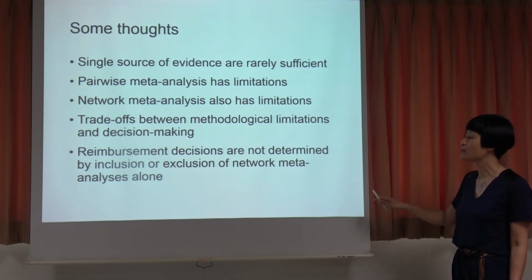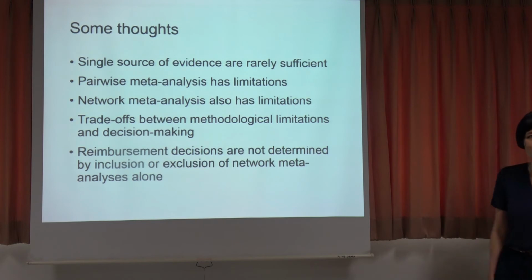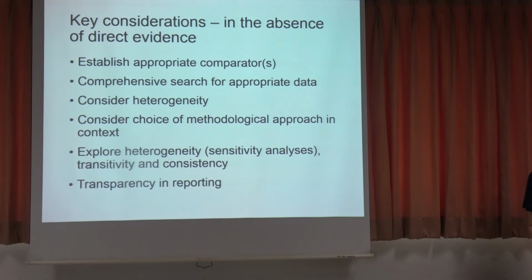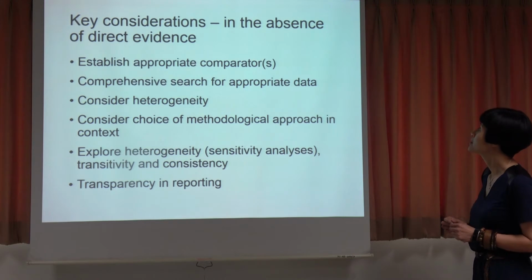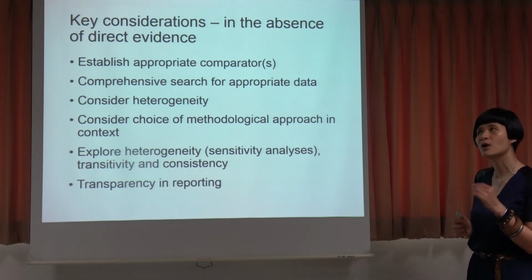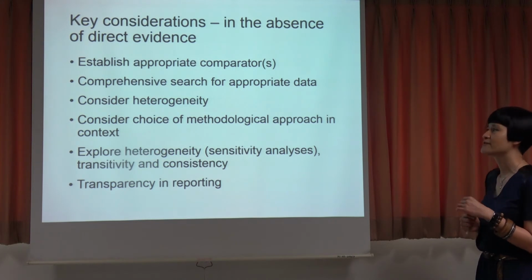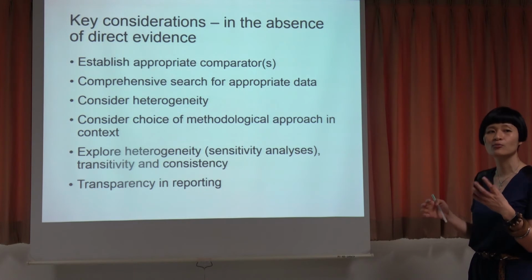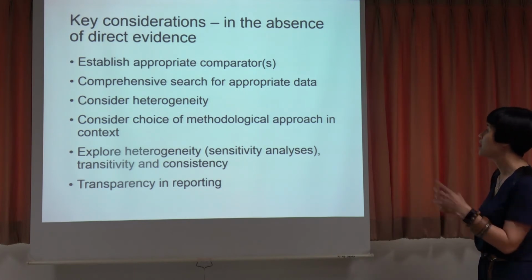So I think it's not fair to say that network meta-analysis is the only or an essential criterion in reimbursement decisions. In the absence of direct evidence, you need to establish appropriate comparators. This is what most submissions fail on when they have a network meta-analysis: what comparators they use and how wide they go with their network.